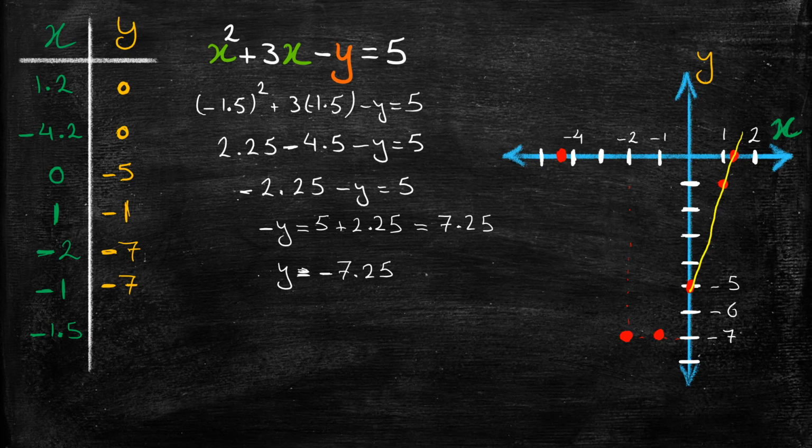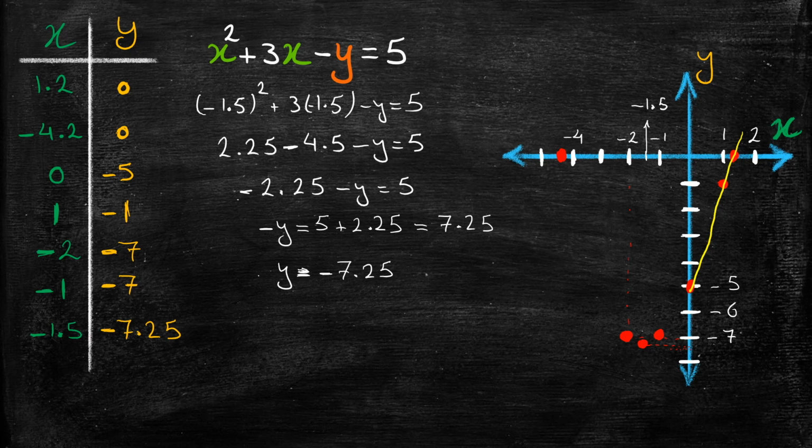So when x is negative 1.5, y is negative 7.25. Let's show that on the graph. So right here in between negative 1 and negative 2 is negative 1.5. And for the y, negative 7.25 will be something like here, roughly speaking.